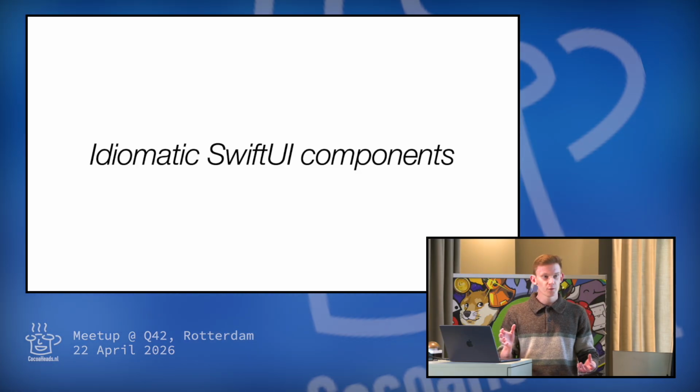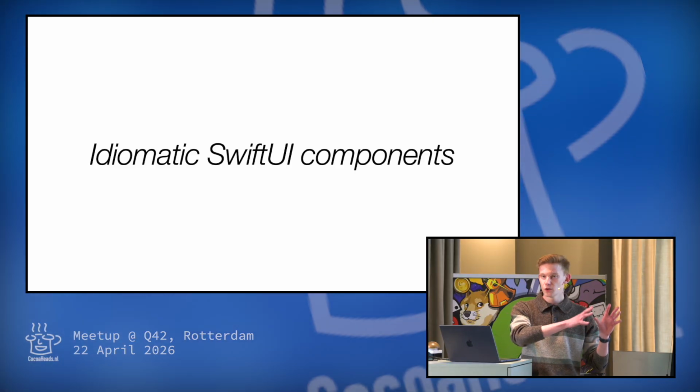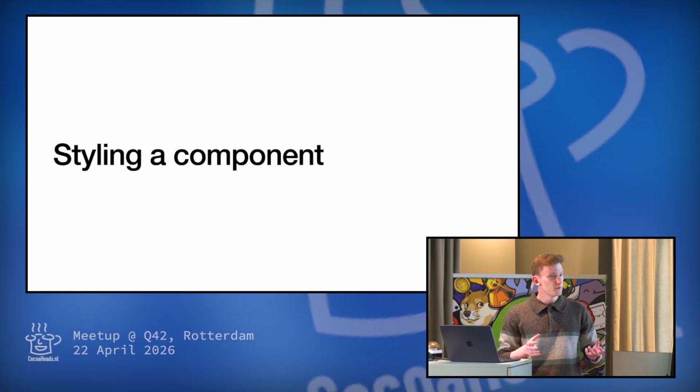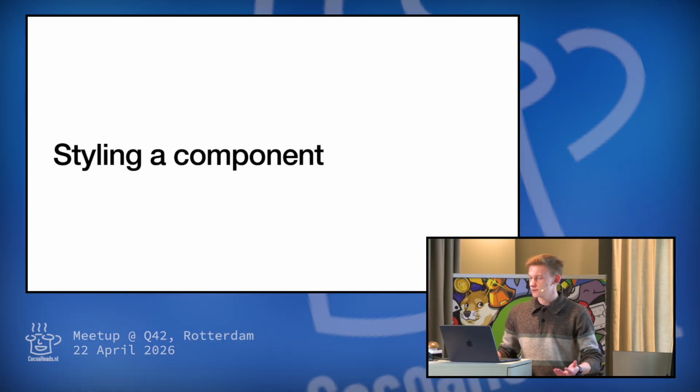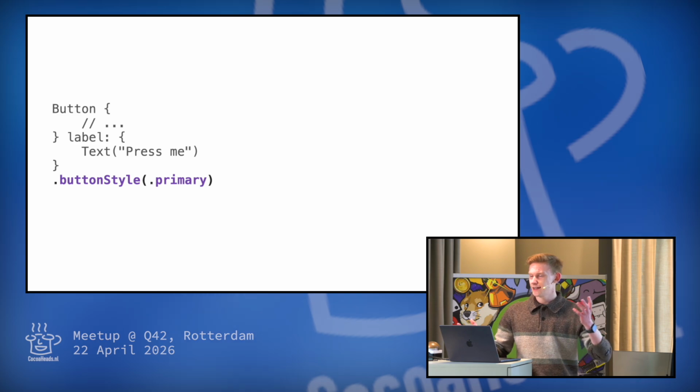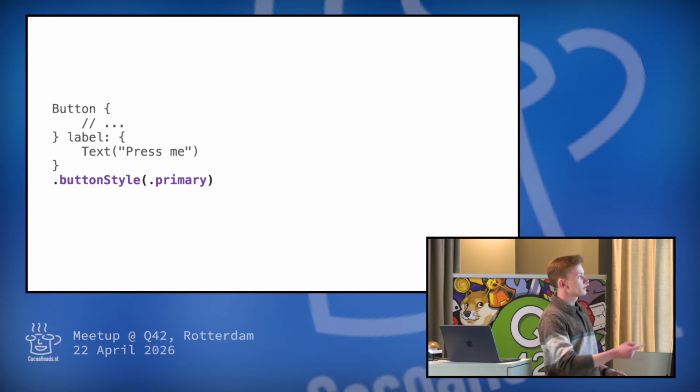Now, one of the most powerful things in SwiftUI is this idea of separating logic from looks. And you do that with view styles. So you have button styles, toggle styles, picker styles, all kinds of things. Usually it looks like this. You add a button style. And SwiftUI comes with a lot of built-in button styles.